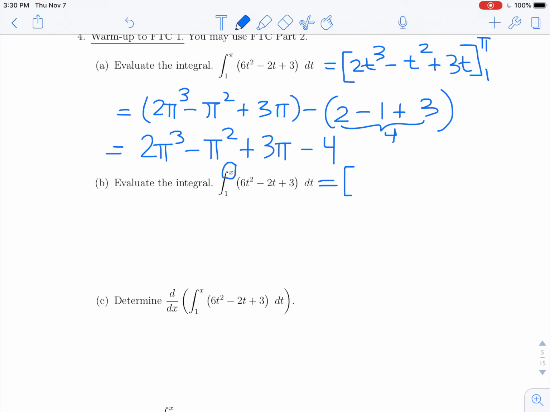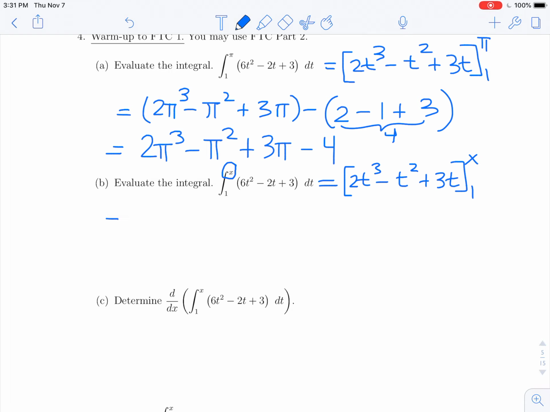And what you do is pretty much the same thing you did in part A. So 2t cubed minus t squared plus 3t, evaluated at x and at 1. In other words, FTC Part 2 still applies, even if you don't know which x is being your upper limit of integration. Whatever x is, you can apply FTC Part 2 to this definite integral.